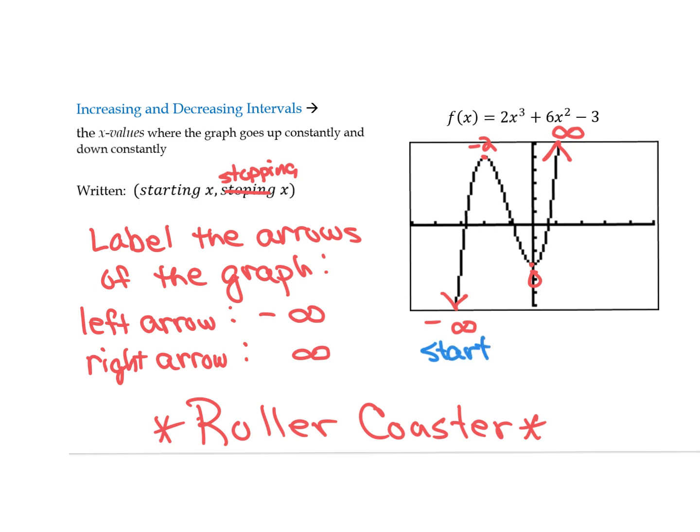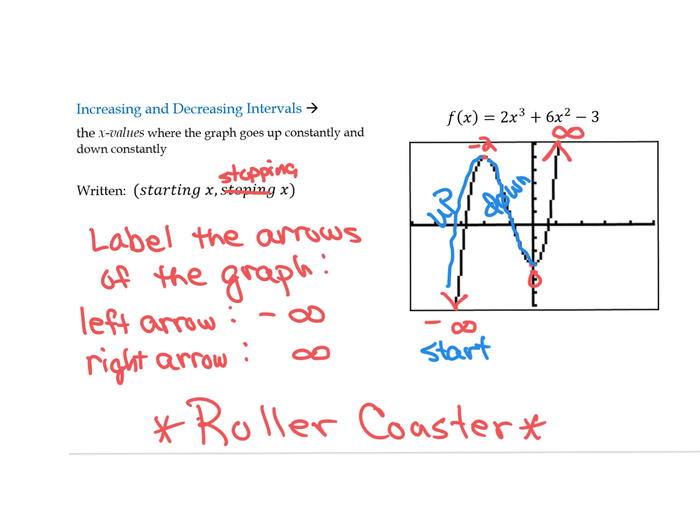if I start at negative infinity and I follow this graph to -2, it is going up. That means that this interval is an increasing interval. At -2, it changes directions. It goes down. All right, so down would indicate that this is a decreasing interval.